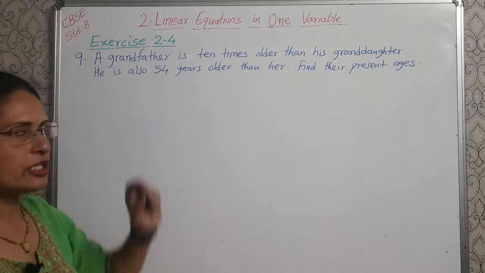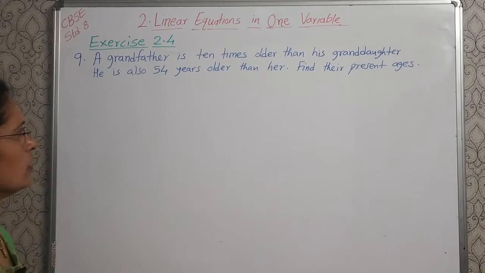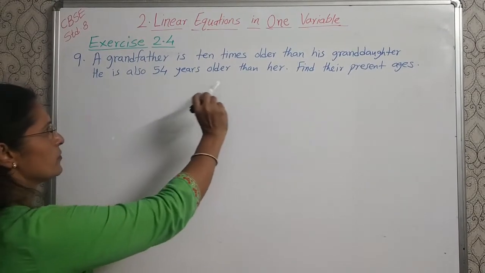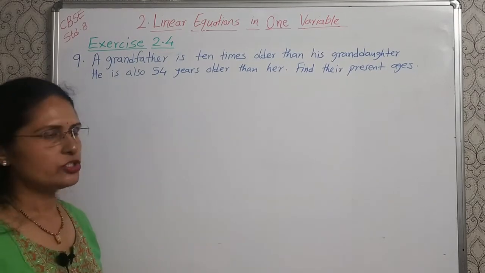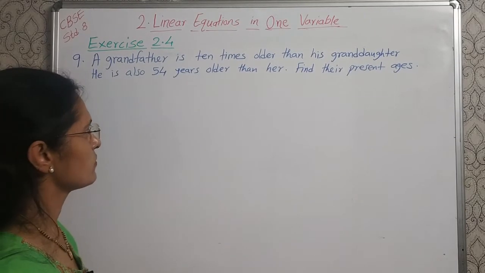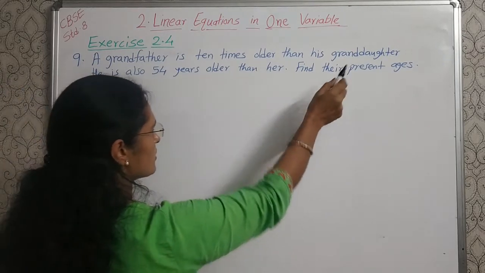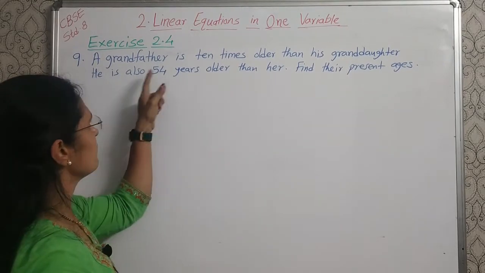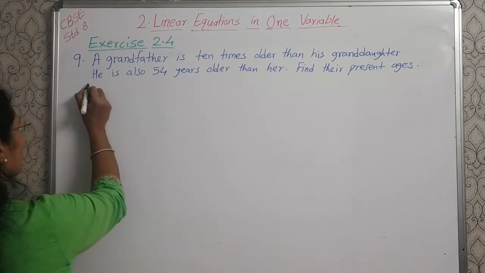It means the age difference between them is 54. Let us first consider his granddaughter's present age as x years, and grandfather is 10 times older than his granddaughter. It means grandfather's present age is 10x years.